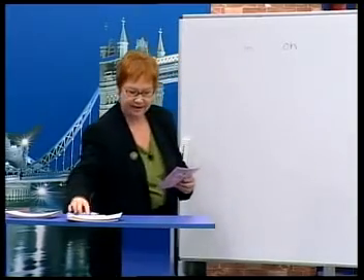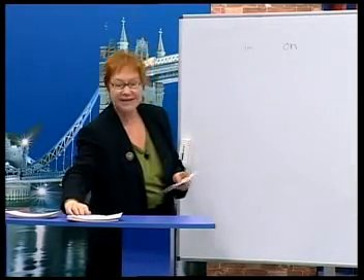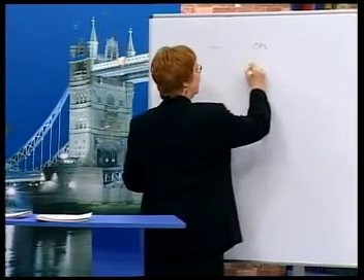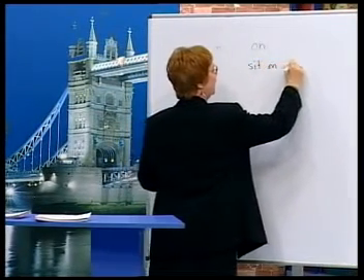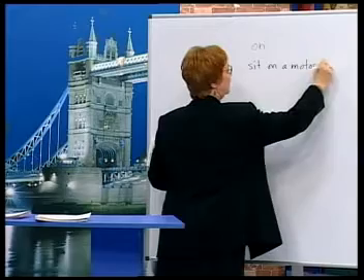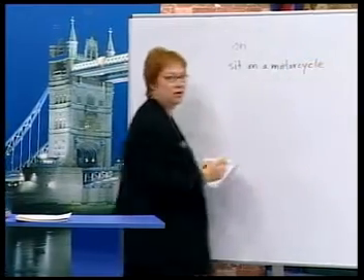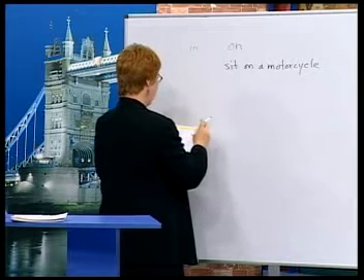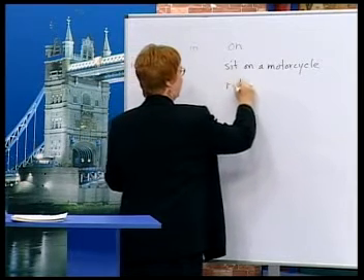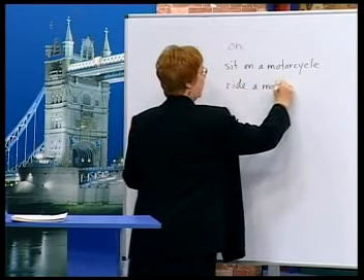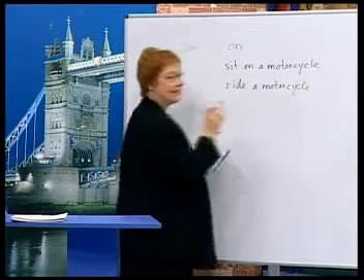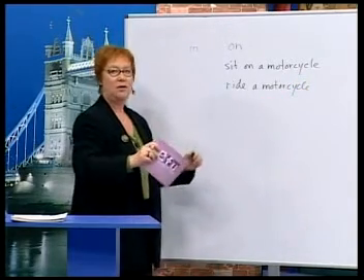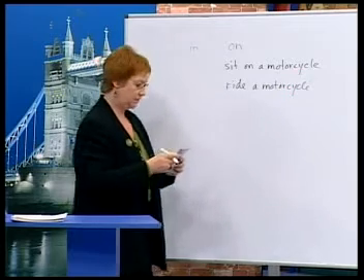Okay, we can sit on a motorcycle, but we drive a motorcycle, okay? Or we ride a motorcycle, okay? So it's a little bit different. I sit on a motorcycle, but I ride a motorcycle.